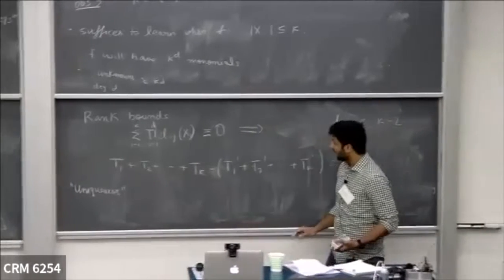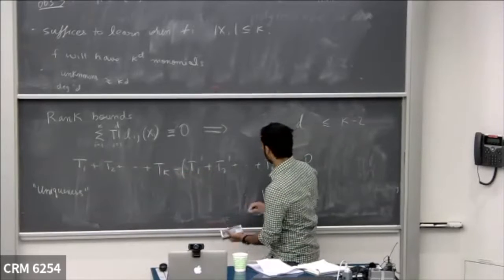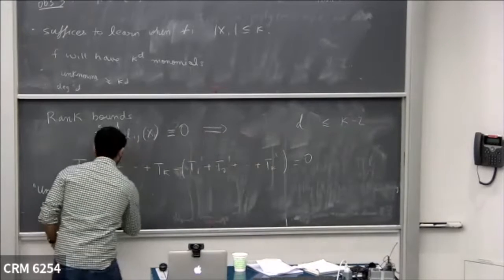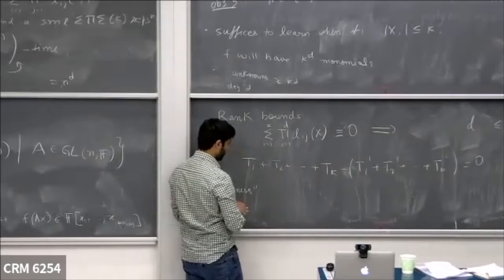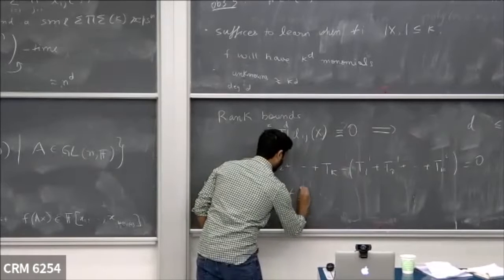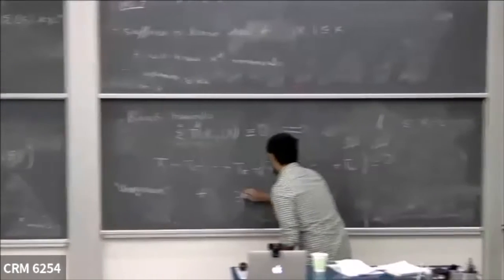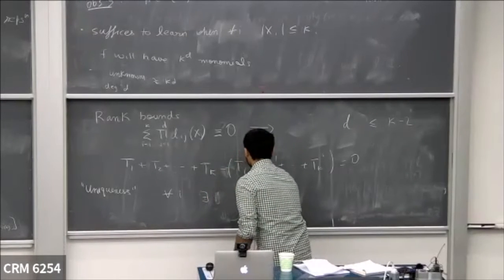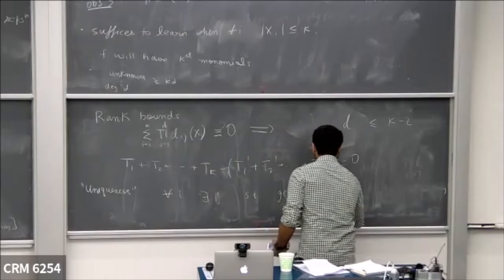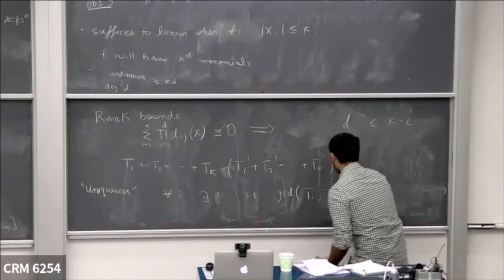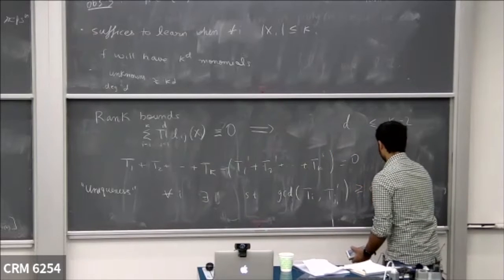Again, hiding some technical details, this implies roughly that for all i there exists i prime such that the GCD of Ti and Ti prime is large, greater than or equal to d minus k.